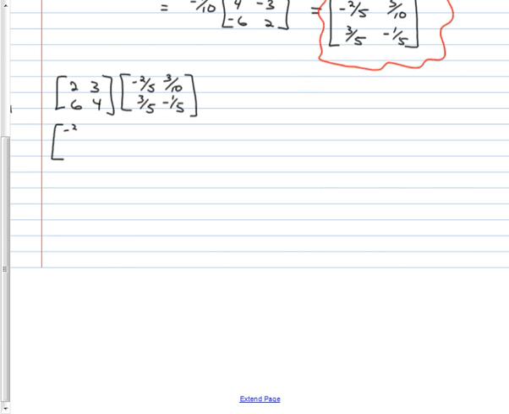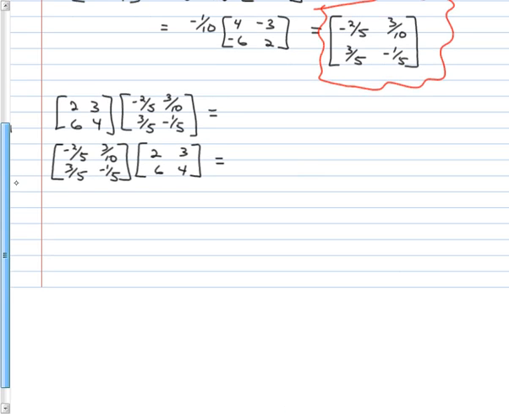It must be both ways. Negative 2 fifths, 3 tenths, 3 fifths, negative 1 fifth, times 2, 3, 6, 4. Both of these must give us the identity when we are done. We'll do the first one by hand. We'll do the second one by calculator.